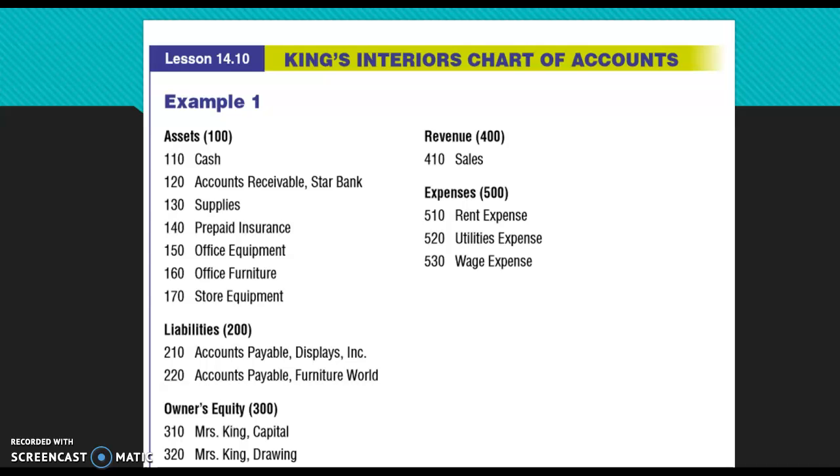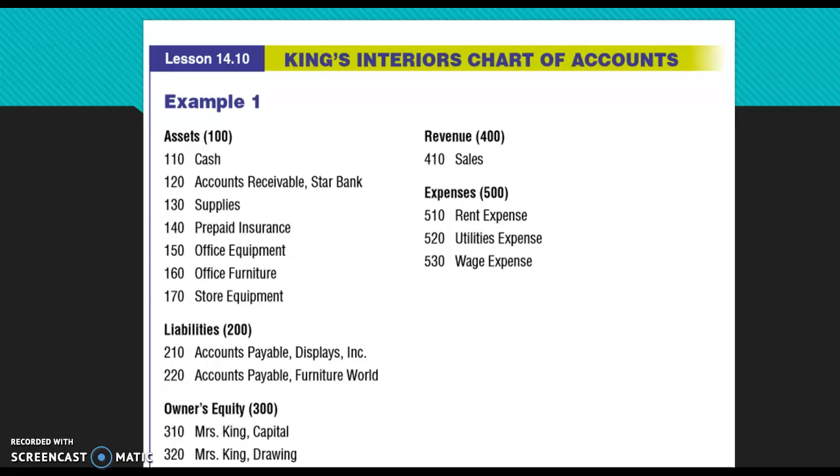Your capital or your owner's equity are 300 accounts. Notice that Mrs. King Capital is first, and then Mrs. King Drawing is listed next, and there are 10 digits between them, 310 and 320. Again, that allows you room to add more later. Your revenue accounts are 400 accounts.